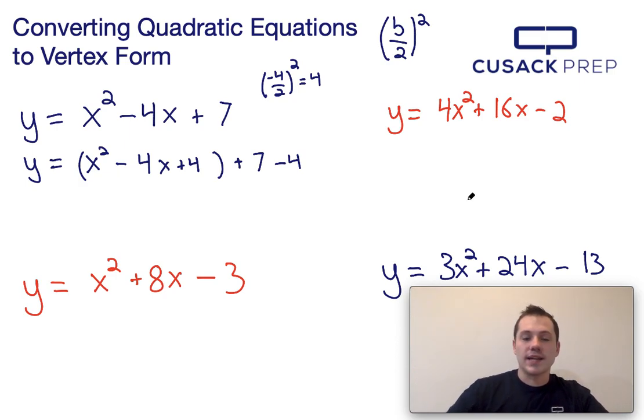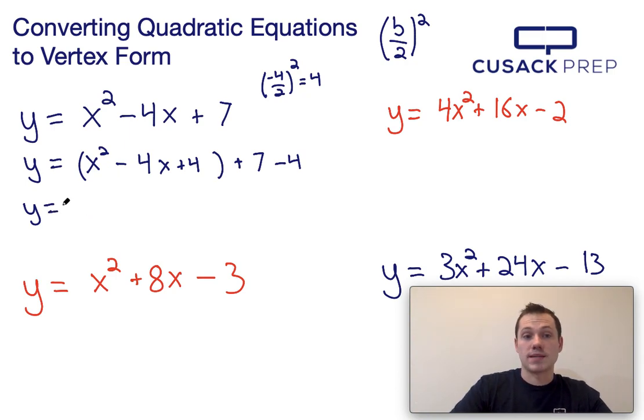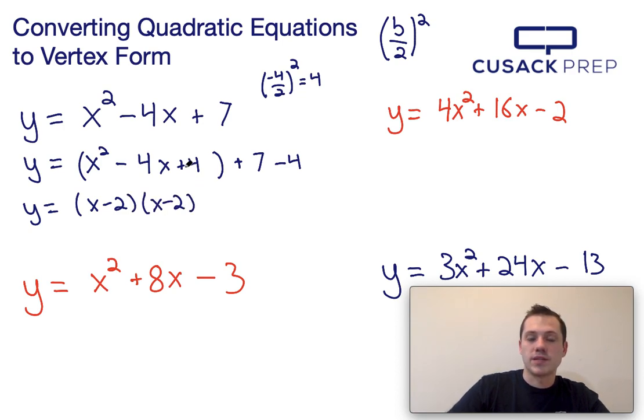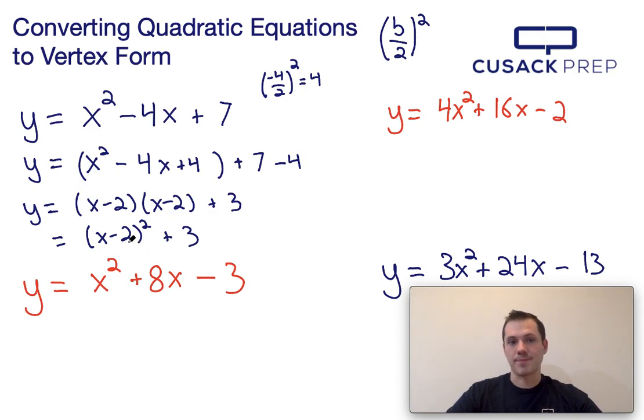Then on the next line, I can see that x squared minus 4x plus 4 factors into x minus 2 times x minus 2. We need two numbers that multiply to positive 4 and add to negative 4. And this plus 7 minus 4 comes together to give me plus 3. Finally, something times itself is just that value squared, so we end up with x minus 2 squared plus 3.